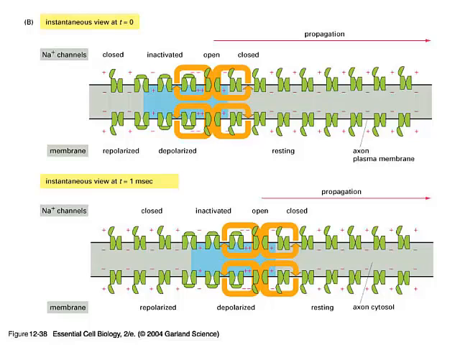So what happens is, along the axon there are hundreds of these channels that allow for the depolarization at a local site, and allow that change in the polarization from the resting to the depolarized state to move along the axon.